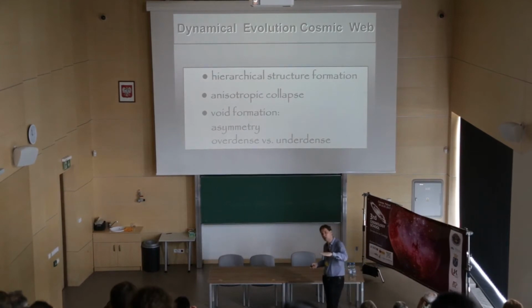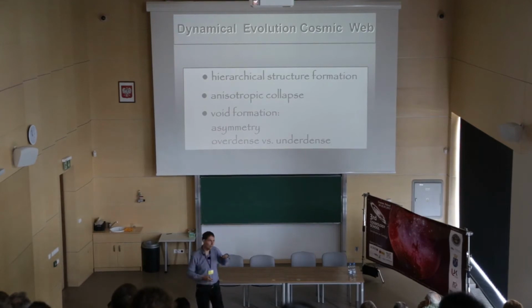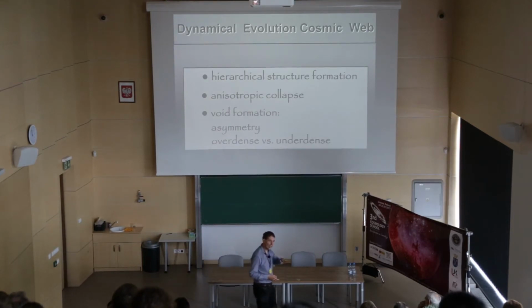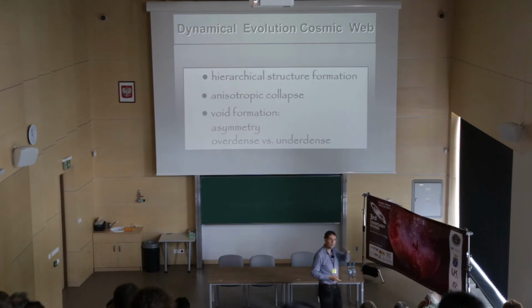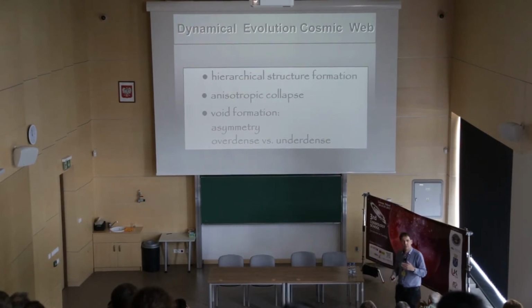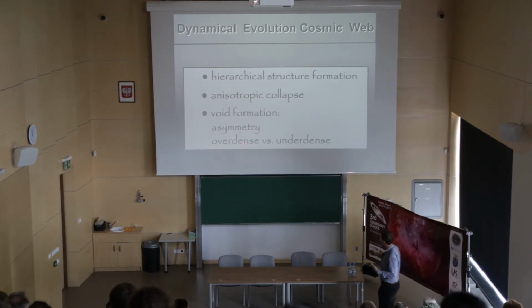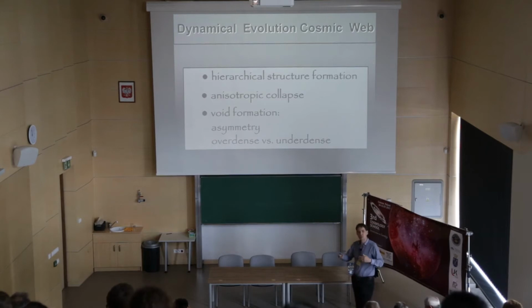The other thing that we clearly saw is that although those primordial fluctuations that you saw in the microwave background are totally symmetric between underdense and overdense, the final resulting mass distribution is far away from that. It is totally asymmetric, and that means that the overdense regions occupy far less space than the underdense regions.